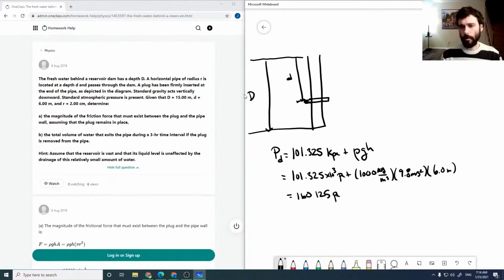So that's our pressure. Now, that's our pressure at that depth from this side of the dam, but there's also pressure from this side of the dam, which is actually just going to be atmospheric pressure.